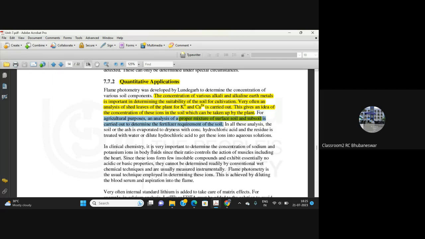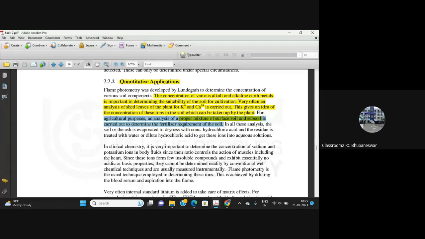Whoever is doing agricultural research can answer your questions very well, but to have knowledge on this: your fertilizer requires certain elements in it, and by using flame photometry you predict which elements are present, so you can get a note on the absent elements.